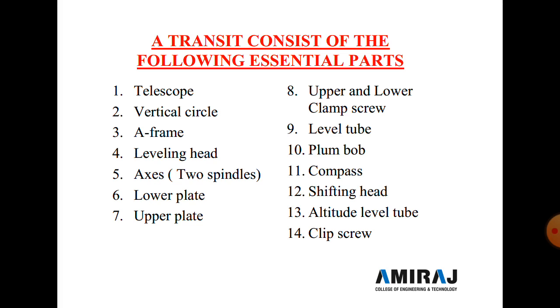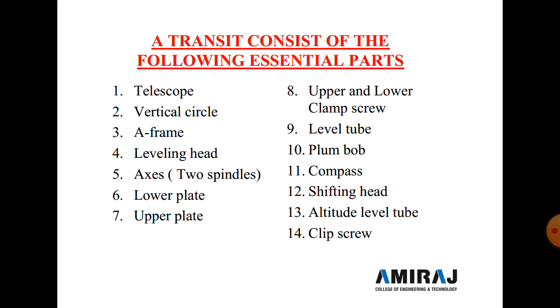One by one we discuss all the parts in the next slide. This type of question is asked in the GTU examination for 7 marks: analyze the different parts of the theodolite and explain any 2 or 3 in detail with a figure.